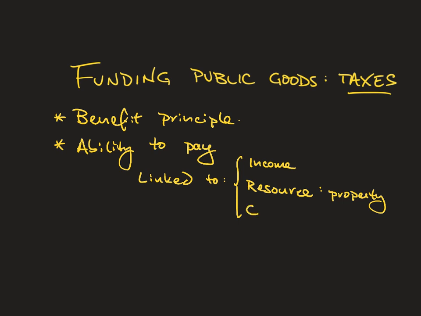But in principle, I do have enough resources to cover my share of the tax bill. A third thing is that taxes could be linked to consumption, either with a general sales tax or taxes on specific goods. And for the most part, we have both. Sales taxes are an important source of revenue for state and local governments. As I said, some goods like gasoline, alcohol, cars have their own specific taxes.